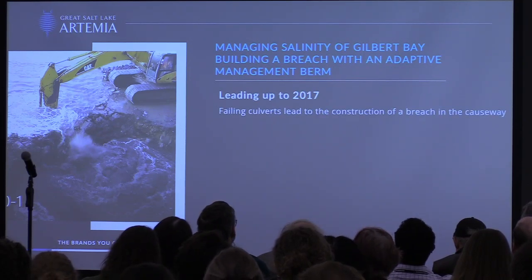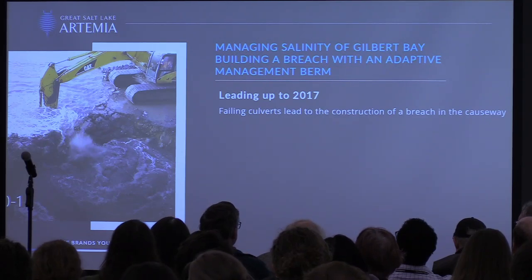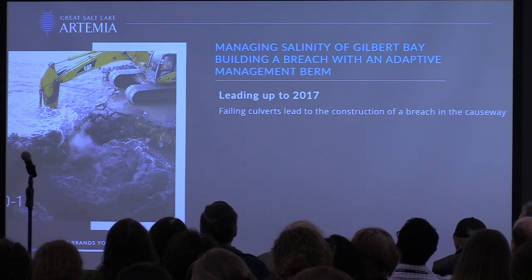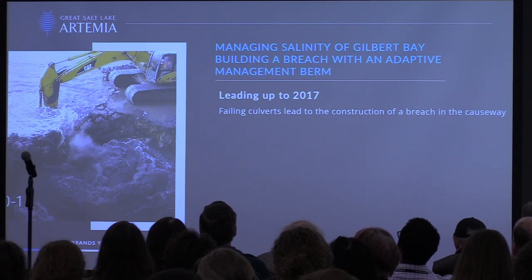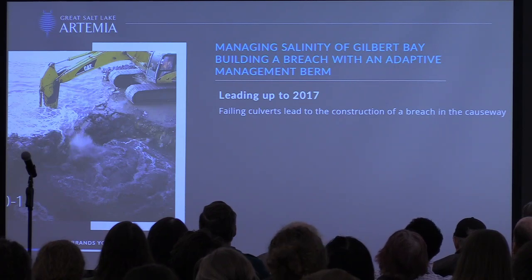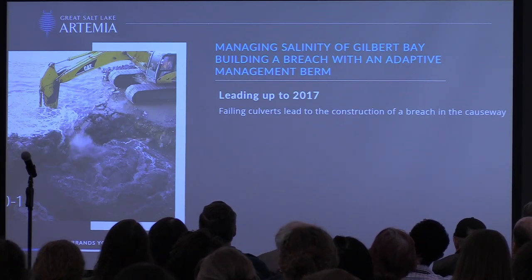A breach was put in place to re-establish that connectivity, and thanks to the foresight of the Great Salt Lake Advisory Council, when that breach was constructed, the state also decided to construct an adaptive management berm that allowed us to somewhat adjust the flows of brine between the north and the south arm as a tool to try and manage salinity.